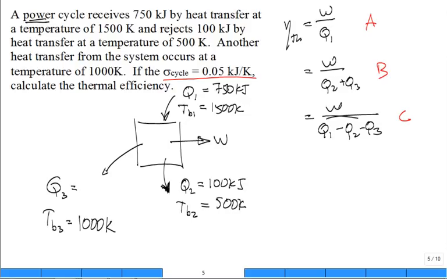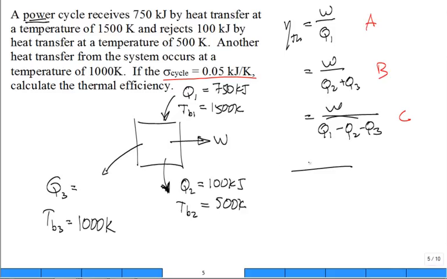All right. The same is true for thermal efficiency as for coefficients of performance. Thermal efficiency of a power cycle or heat engine, coefficient of performance for a refrigeration system, coefficient of performance for a heat pump system. All of these have a simple ratio.